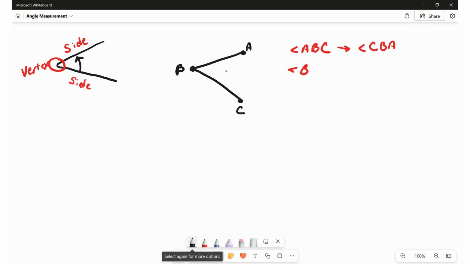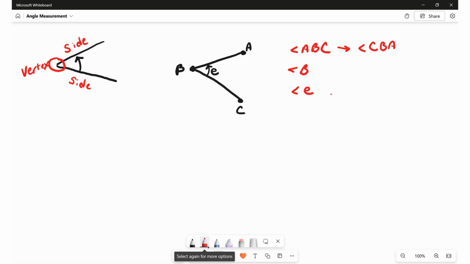And if we consider that the measure in here, let's say that this is a measurement E, okay? We could also call this then angle E. So those are the three ways that we could name this angle.